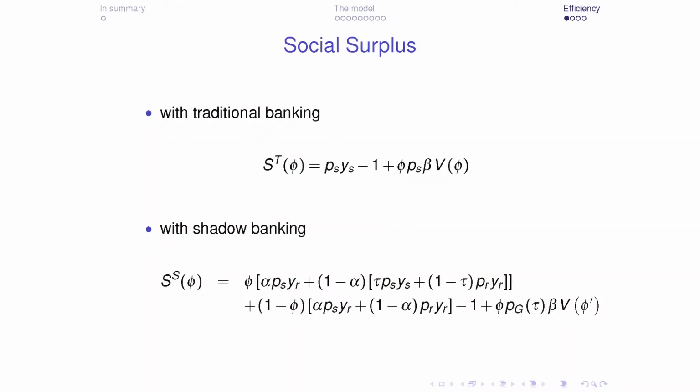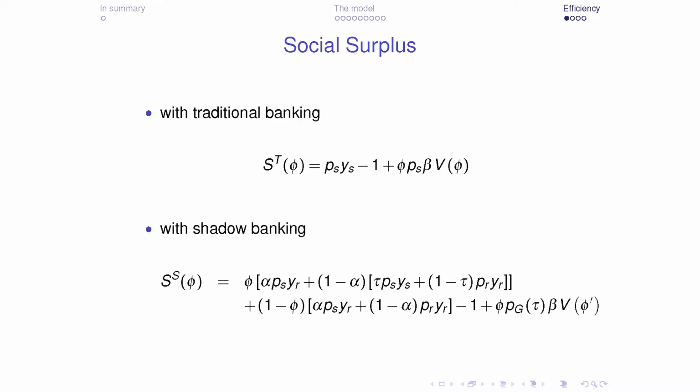So let's think about the social surplus that we would obtain if the traditional banking system is used, and this is the social surplus with shadow banking. If the traditional banking is used, PSYS is the payoff. The social cost is 1, because the cost of borrowing 1 is 1.